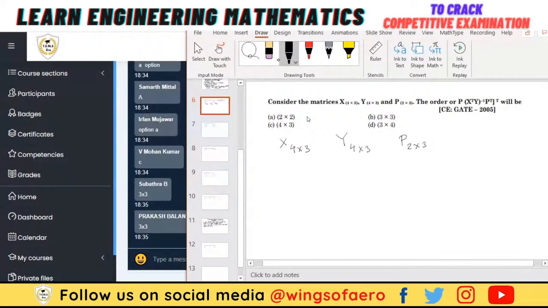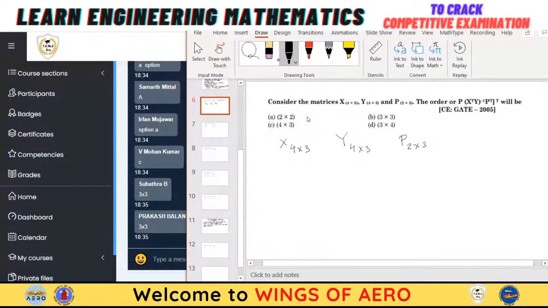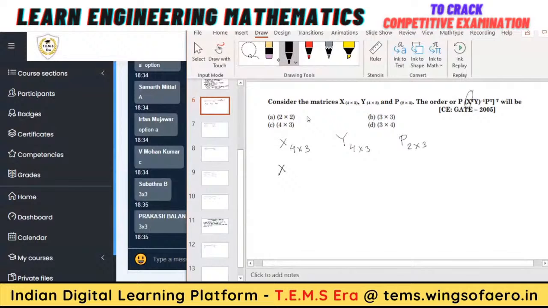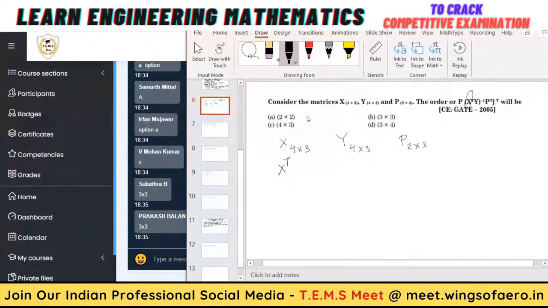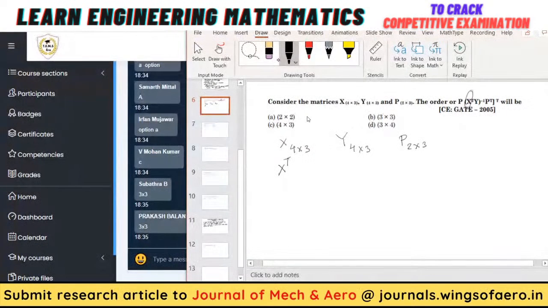Now whatever else we need to find out, here X transpose. If X is 4 cross 3, then X transpose will be what? We are interchanging the rows and columns, that is rows with columns. Obviously it will be 3 cross 4.